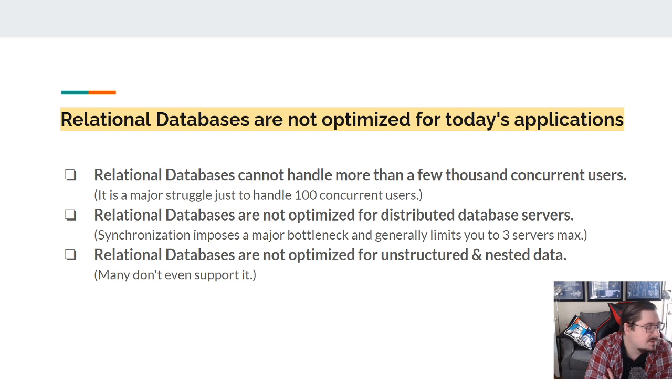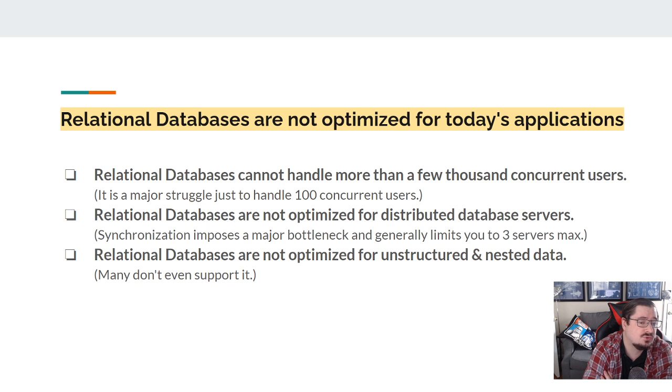So what that means, looking at those issues, I would say that relational databases, and I already kind of said this, are not optimized for today's applications. Relational databases, with all of those implementations, all those different bottlenecks and different issues beyond what we've talked about, generally can't handle more than a few thousand concurrent users.